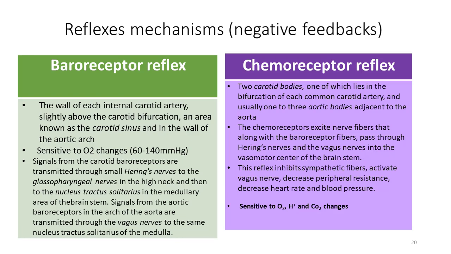This reflex inhibits sympathetic fibers, activates the vagus nerve, decreases peripheral resistance, decreases heart rate, and finally blood pressure. They are sensitive to the pressure of oxygen and especially sensitive to hydrogen ion and carbon dioxide changes.